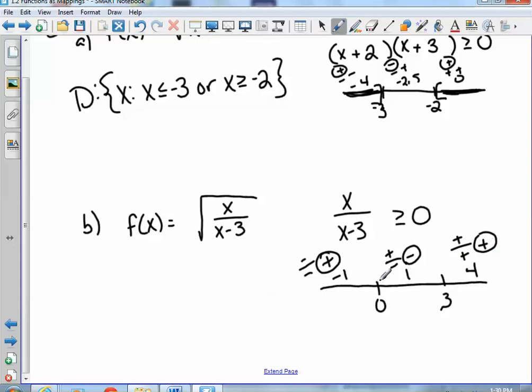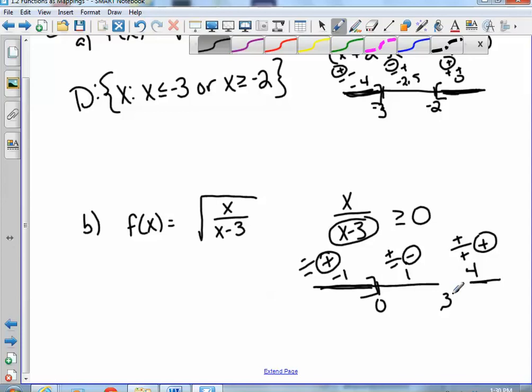Which ones did I want? Positives. And it said it could equal 0, so we think both of those could be equal. But I have a problem. What is that? It can be greater than or equal to, but we have a fraction. We also know that in a fraction, the bottom can't be 0. What would make x minus 3 equal 0? 3.